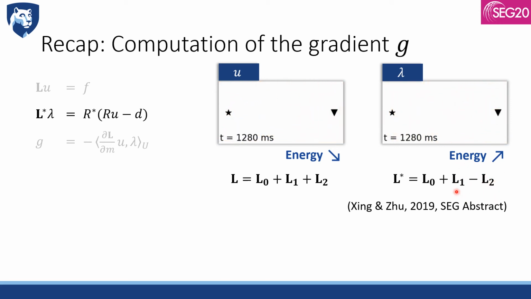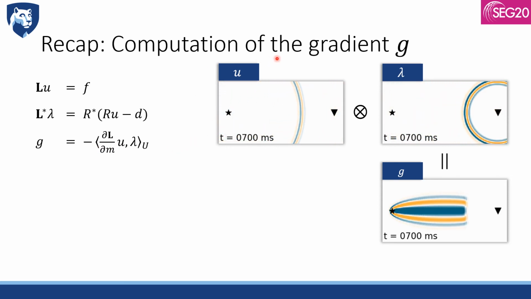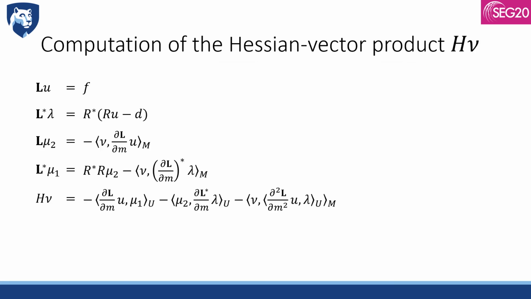In practice, we simulate the adjoint wave field in the reverse time mode, and with the same simulator as the forward one. Finally, we take the interaction between these two wave fields according to the third equation, and we get a gradient g. So this is the adjoint state method for the gradient computation.